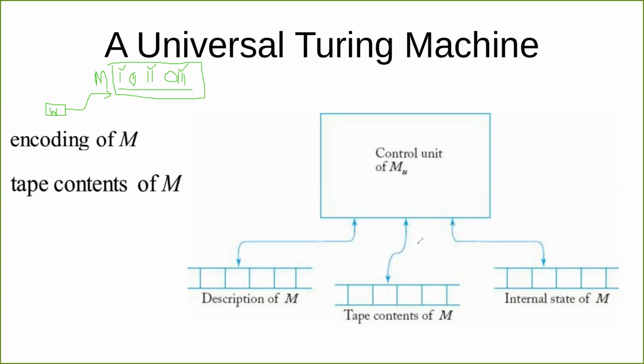What would be the input of this machine? A description of M, that means this encoding of the machine, and then W. Now the question is whether this W would be accepted on this machine M or not.